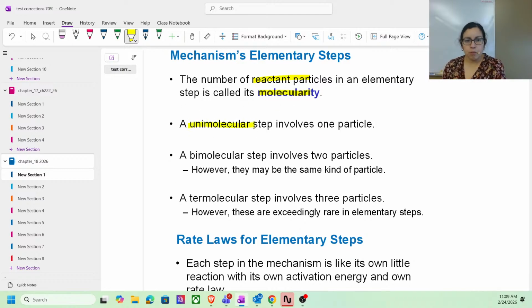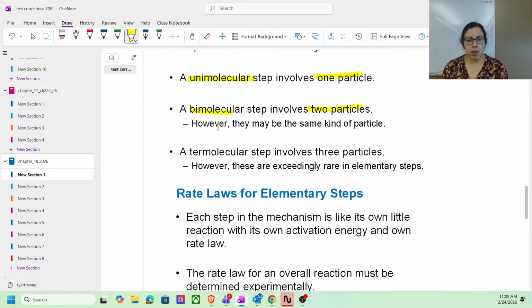If it's unimolecular, we'll have 1 particle. Bimolecular could be 2 particles, could be the same particle, so A and A. And then a termolecular step, which again would be rare, but 3 particles colliding simultaneously. This is pretty rare, but we'll still be aware of it.